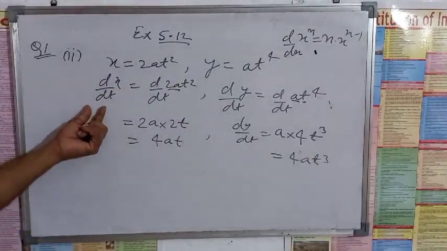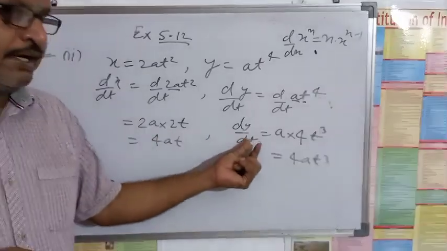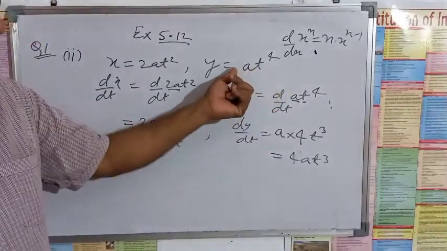So we have found d by dt of x and d by dt of y. Now we have to find dy by dx.